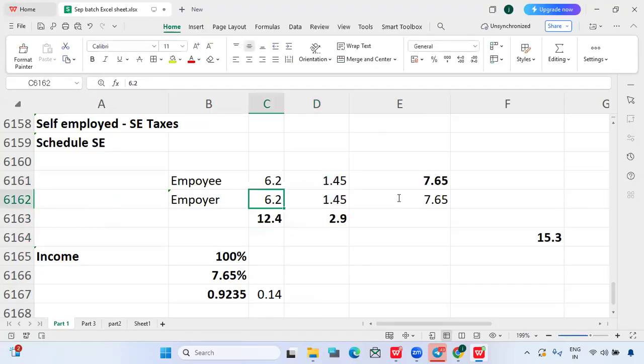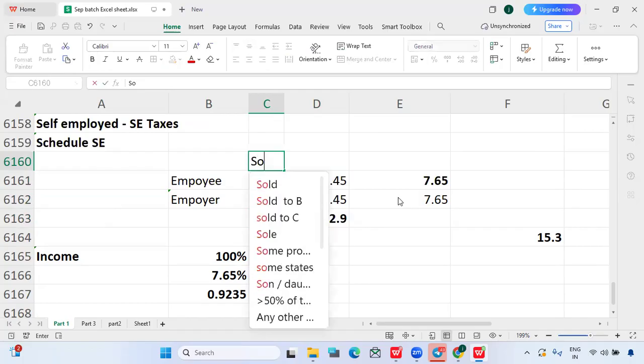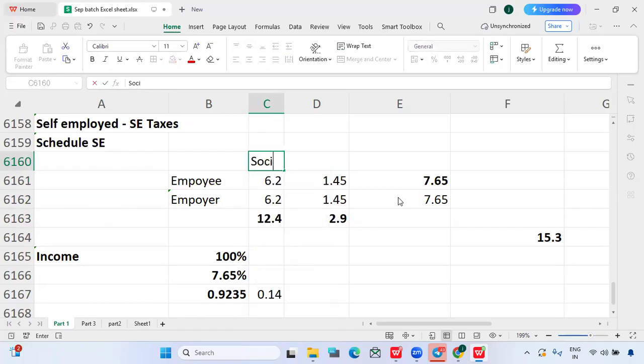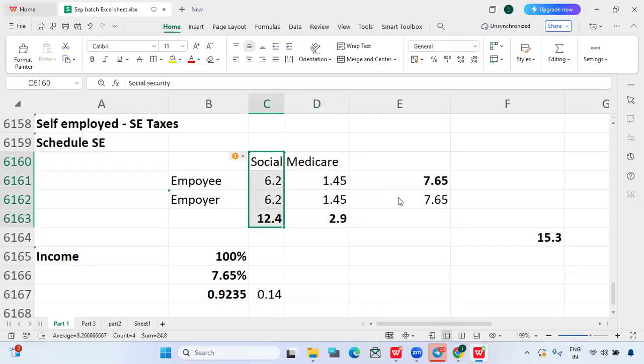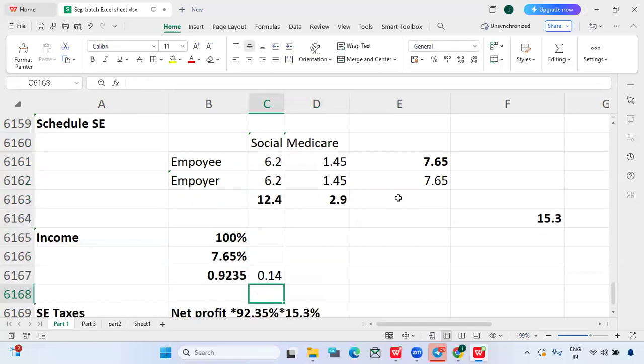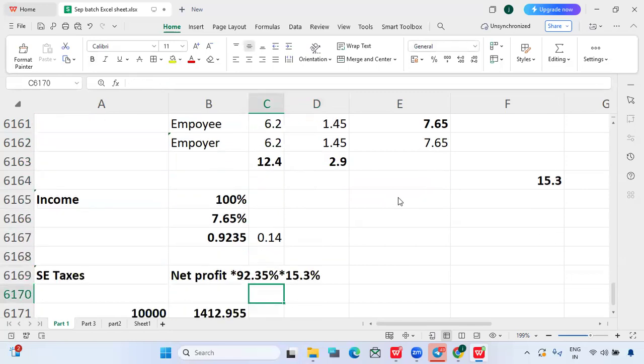Social security is on a base, and Medicare has no such limit. The Social Security limit per person per year is 168,600.